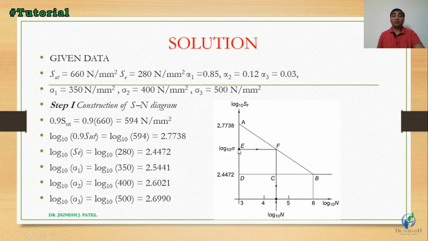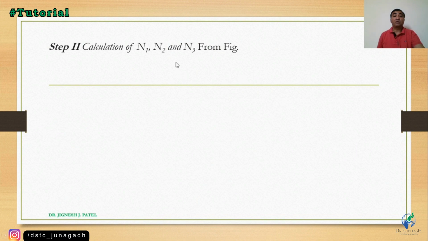Now at this point E, it is the value of log sigma, and you have to find the corresponding value at point F, which is log N. You can see here two similar triangles, AEF and ADB. From these two similar triangles, in step 2 we have to find the values of n1, n2 and n3 from the S-N diagram.